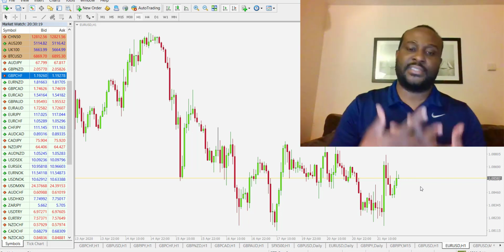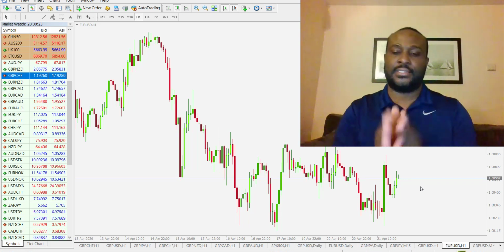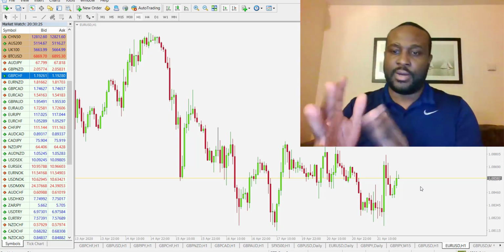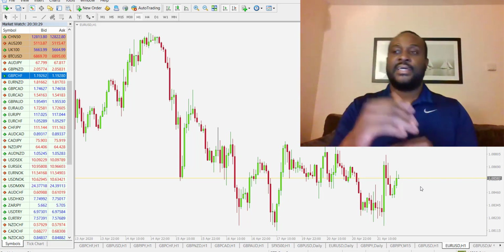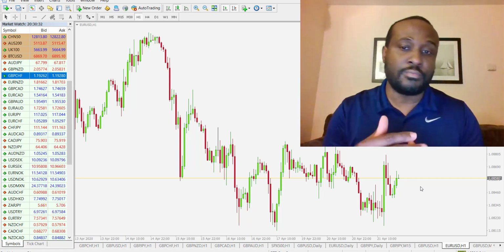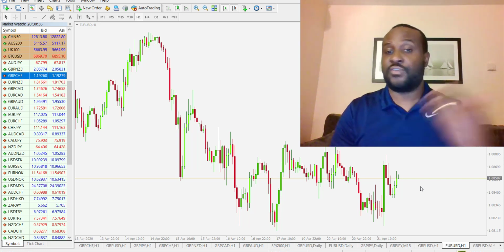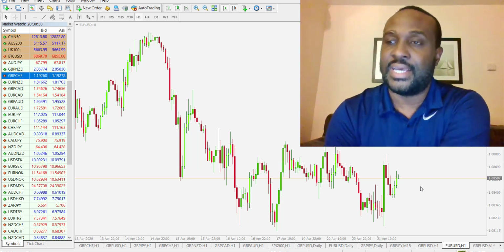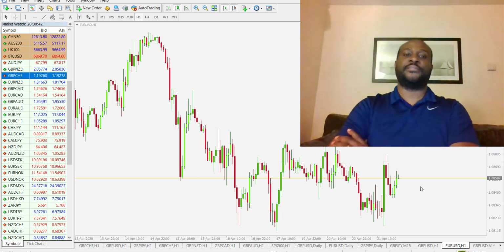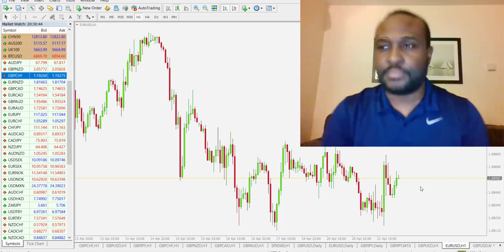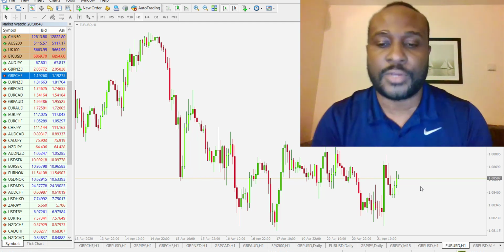So the best approach to the arbitrary stop loss is when you choose a number, just make sure that within the time frame it is at, it gives price enough room to move, and it doesn't take you out of the trade unnecessarily. If not, you'll just be losing money unnecessarily, as it were. So that's one way of setting it. I do that a few times, but that's not my main way of setting stop loss.